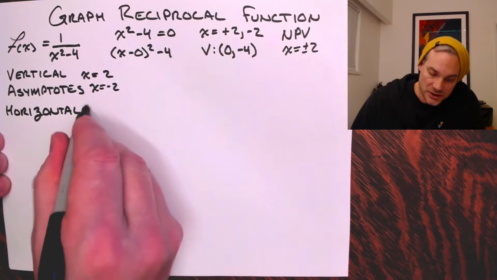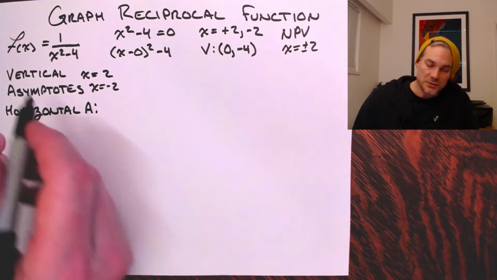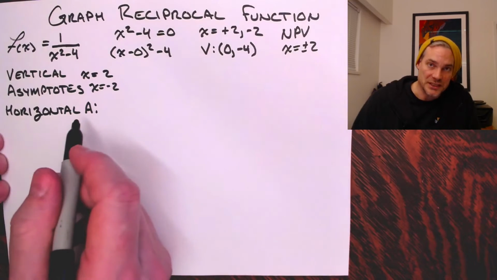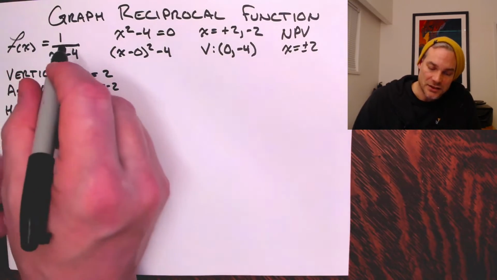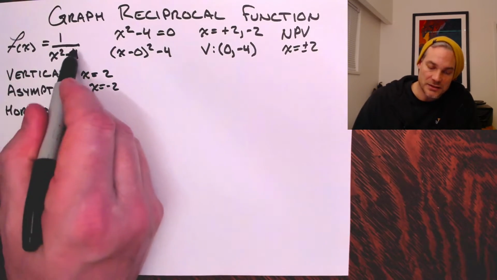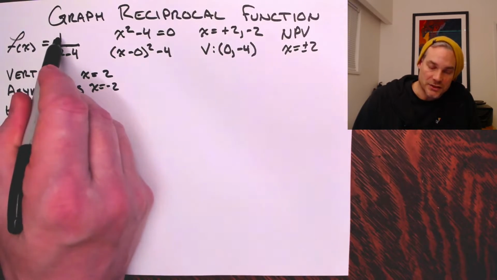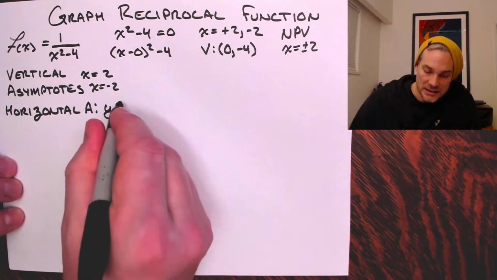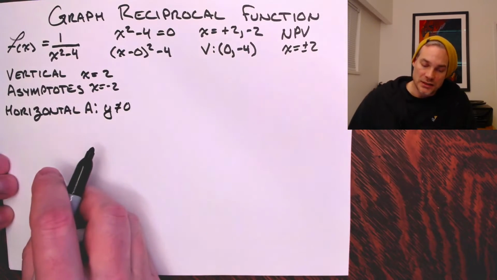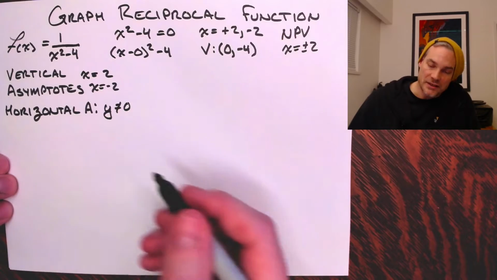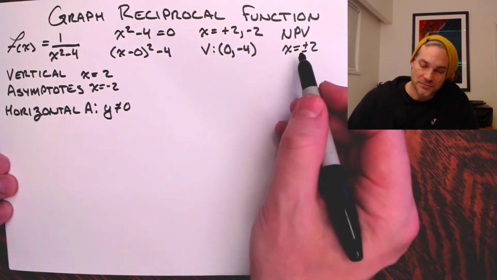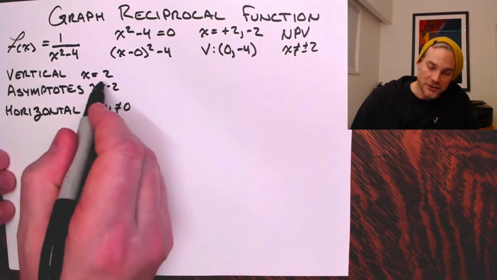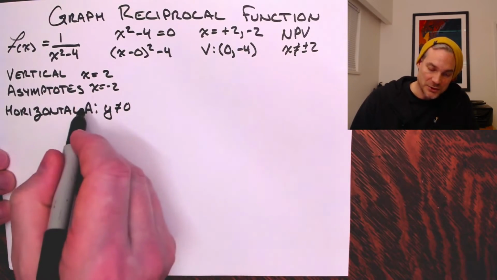This is when the graph of a function f can never reach some value. In this case, it's 0, because no matter what I do here, I can never get 0 out. It's 1 divided by a number, and that's always a number. So I have y can't equal 0. So now we have our non-permissible values, x cannot equal plus or minus 2, which are our vertical asymptotes, and we've got our horizontal asymptote.